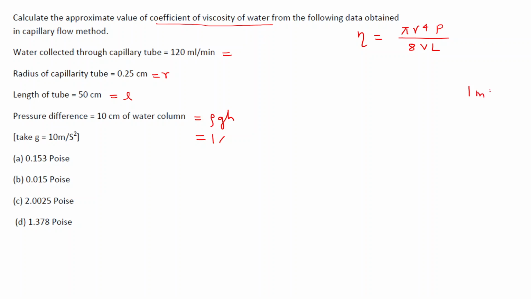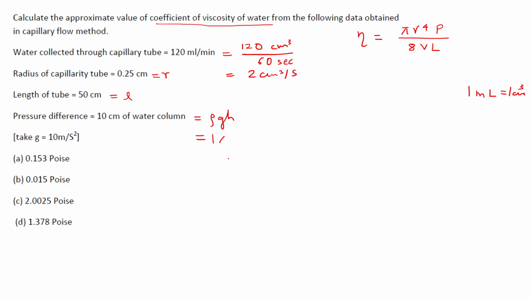So 120 ml will be 120 centimeter cube, and 1 minute is 60 seconds. So this will be 2 centimeter cube per second. This will be the flow.